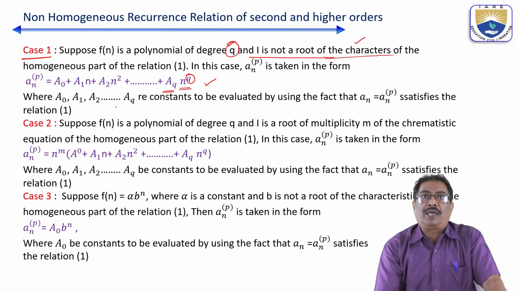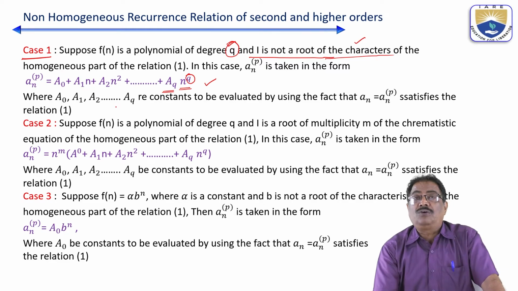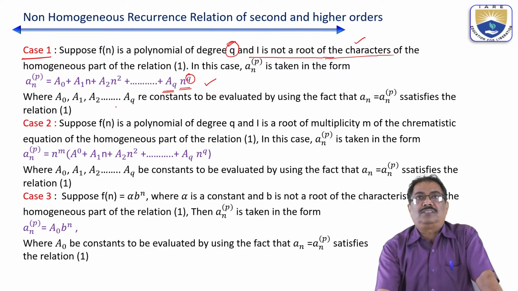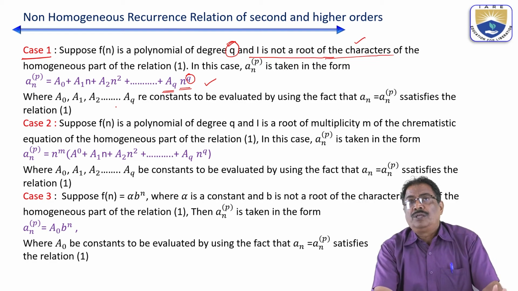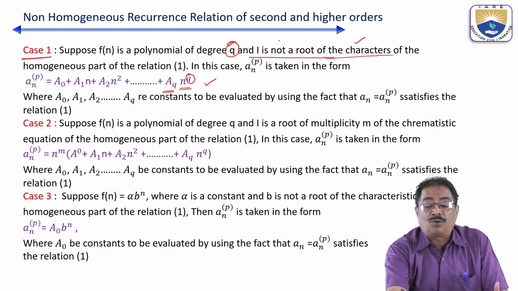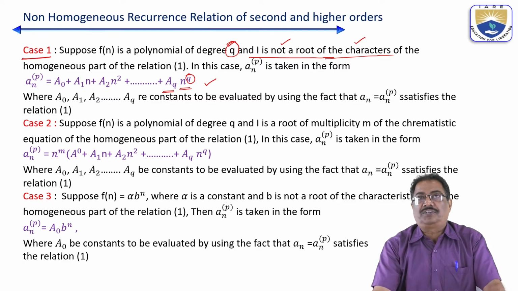So you need to calculate a0, a1, a2 and so on, aq, and then substitute in this expression. Subsequently we know what a n to the power of p is. This is true if 1 is not a root of the auxiliary or characteristic equation.